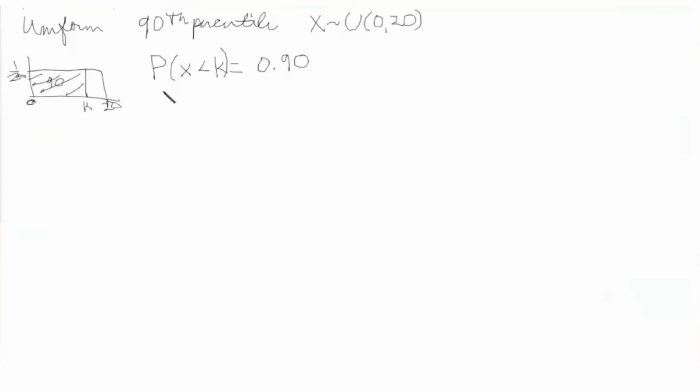So that means when I'm solving for the probability, it's going to be the base times the height. So that's going to be k minus 0 times the height, which would be 1 over 20. And we're going to set that equal to 0.90 because we know what the percentile is. And then we're just solving for k.